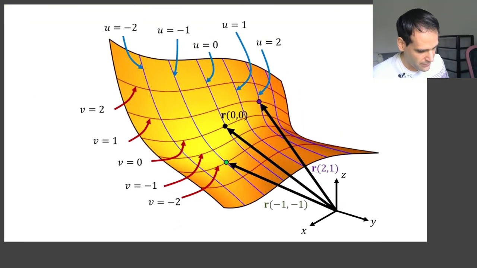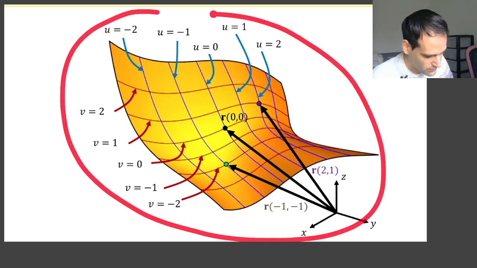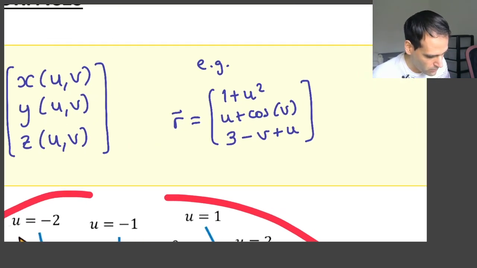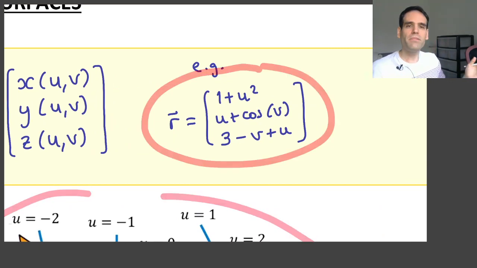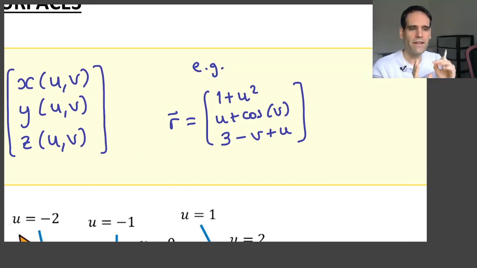And these really nice and beautiful figures come simply from an equation like this. It's simply a vector of 3 components, and each component depends on u and v. Okay, it's the same thing.